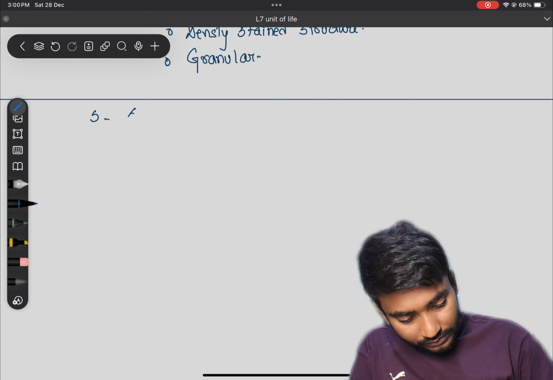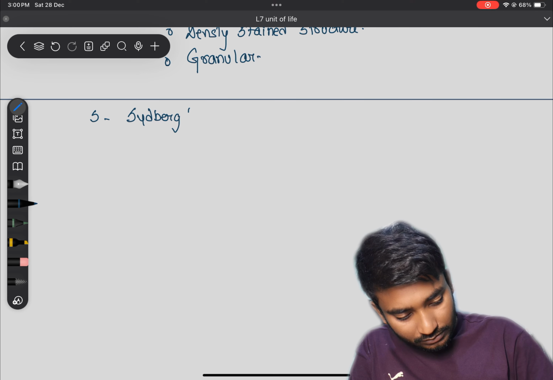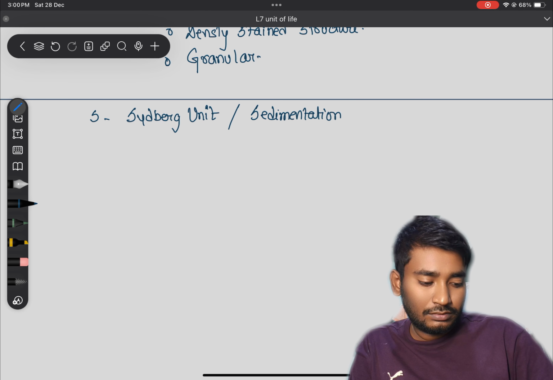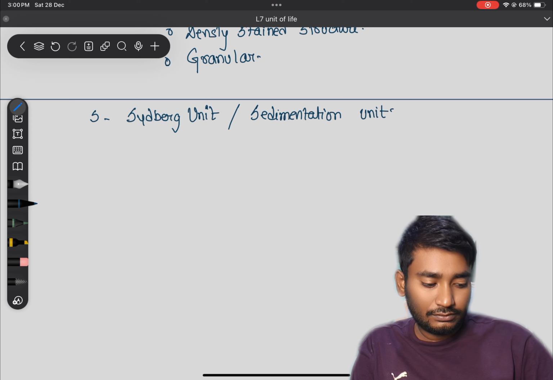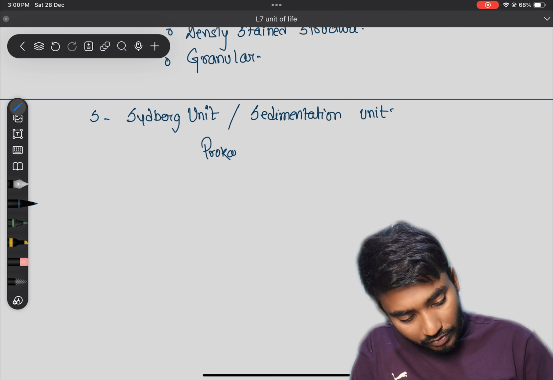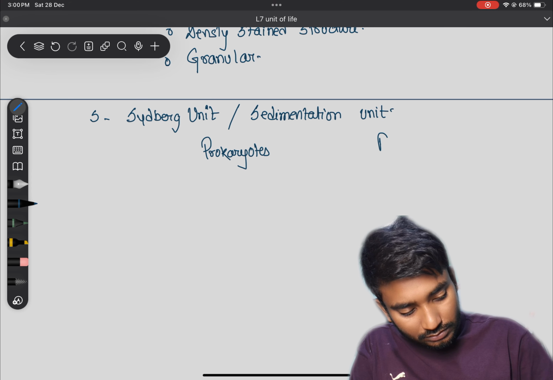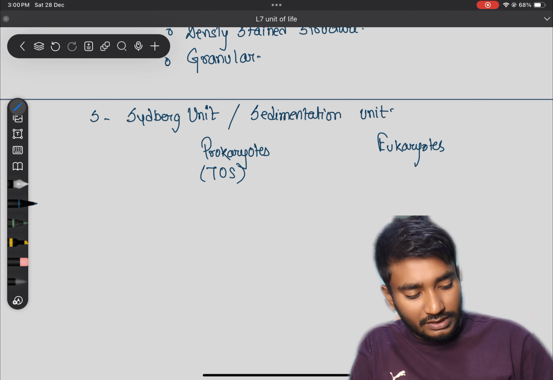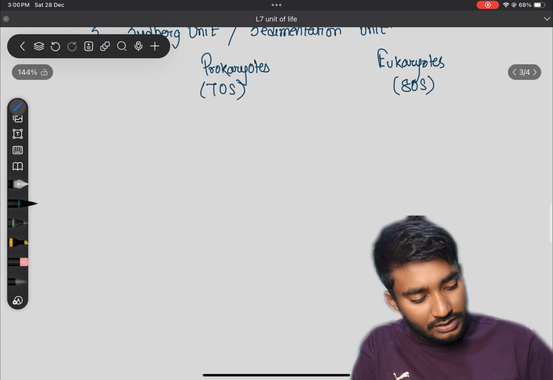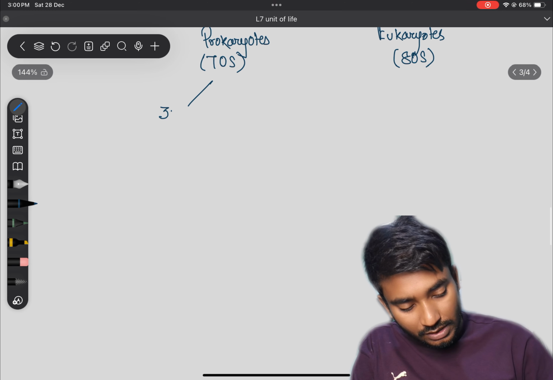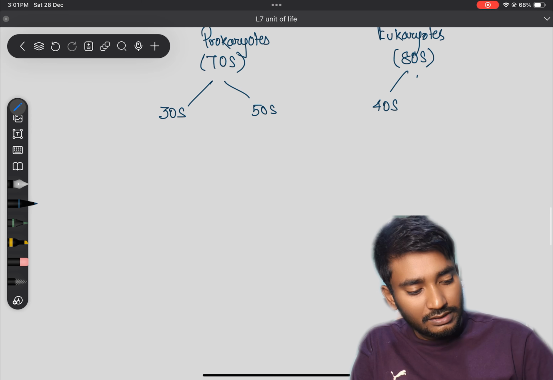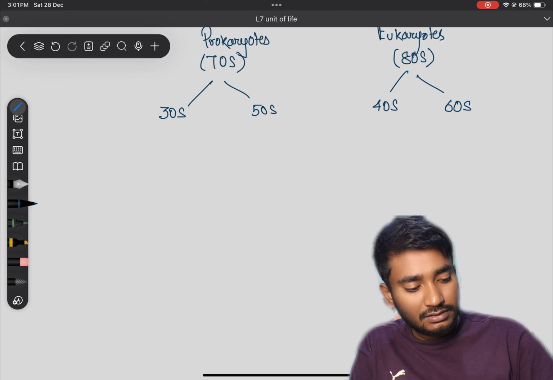Now S is called the Svedberg unit, or sedimentation unit. In prokaryotes it is 70S, and in eukaryotes it is 80S. The 70S is divided into 30S and 50S, and the 80S is divided into 40S and 60S.